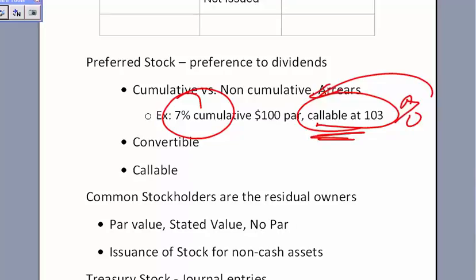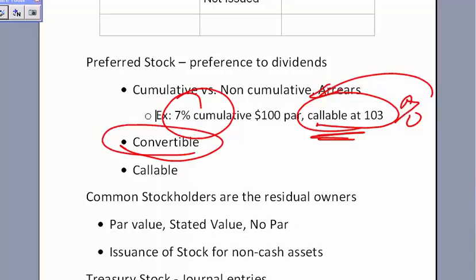So callable is not a good thing for people who are trying to lock in a long-term investment. If you're buying this preferred stock short-term, it's not a big deal because you'll get your money while you can.